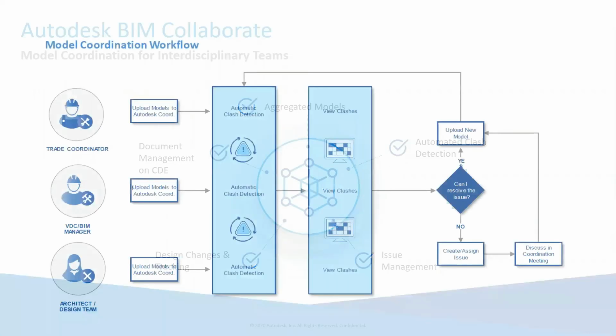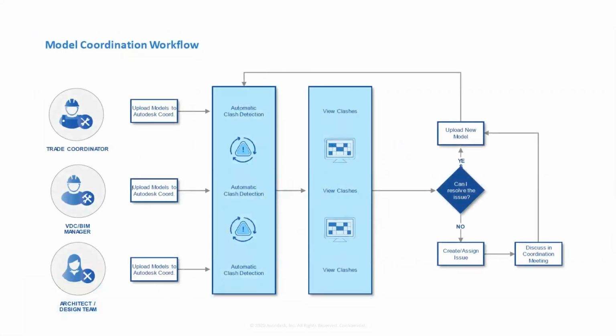The next slide gives you an example of some of those model workflows that can happen. Again, just be aware that this can be customized. There are lots of different templates inside the tool to customize how these workflows and these approvals work. So not only is this example on the screen talking about model coordination workflows, but this also applies to document approvals as well.